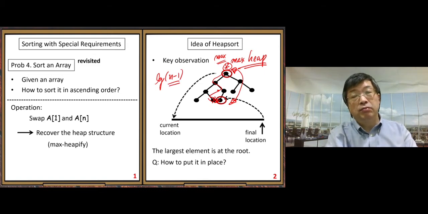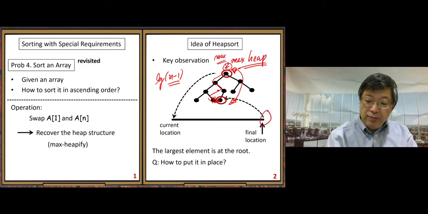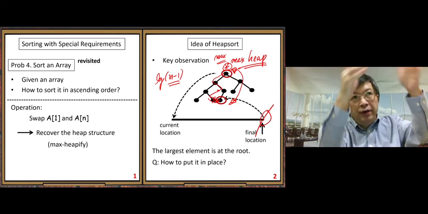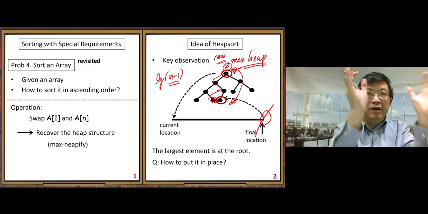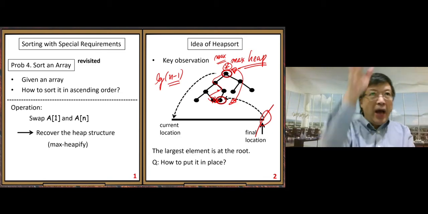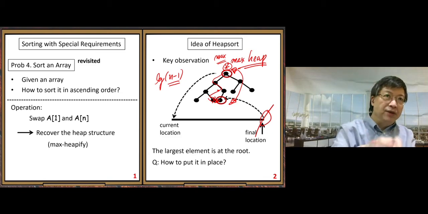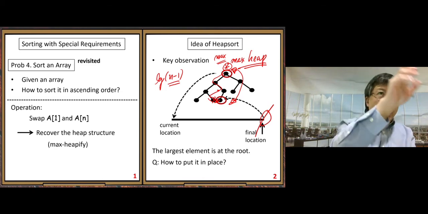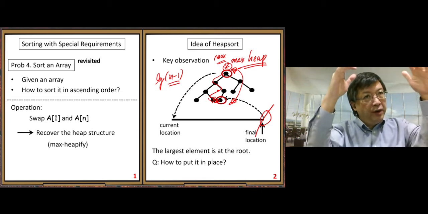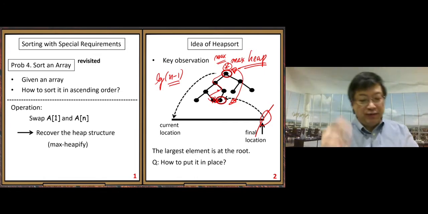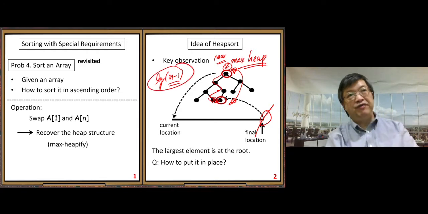The reason is very simple. Because the last element is already in place, so we exclude it. We only have n minus 1 elements in the current heap to be fixed. Moving from the root down to the bottom, the number of steps is log base 2 of the total elements in the binary tree, so log of n minus 1. That's the cost.